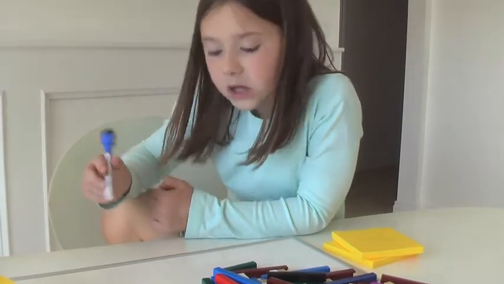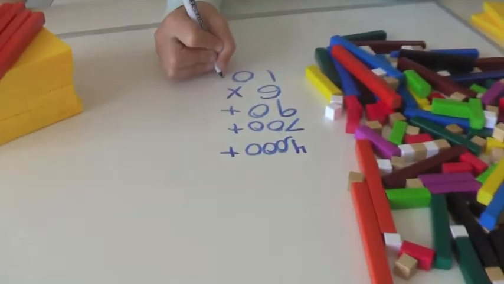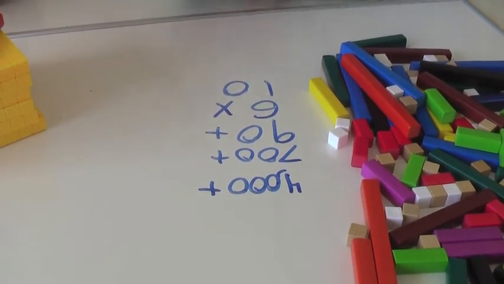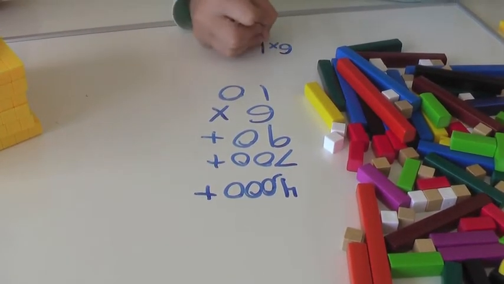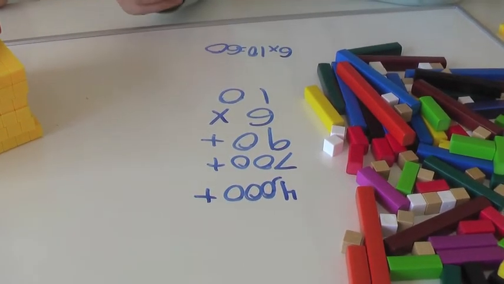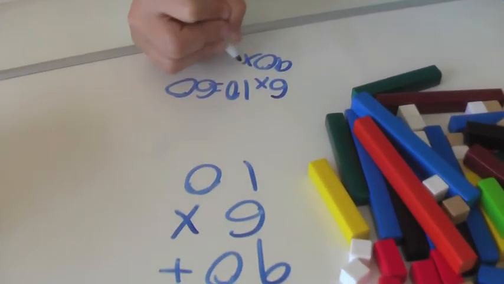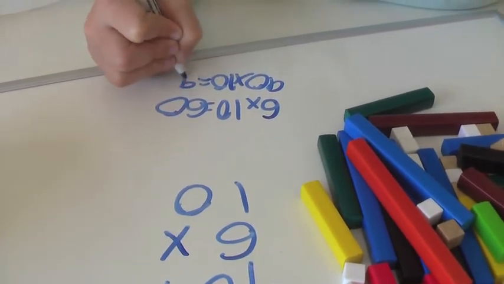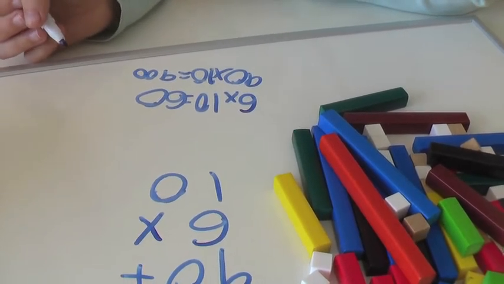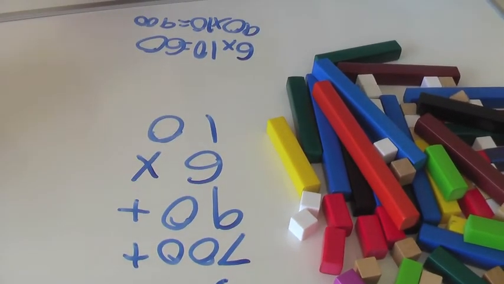Do you want to hear from your sister? 6 times 10 is 60. 90 times 10 is 900. 700 times 10 is 7,000.